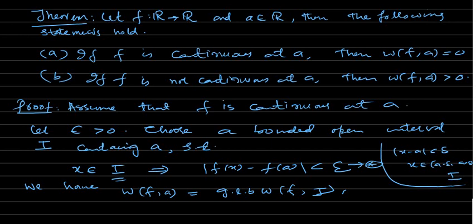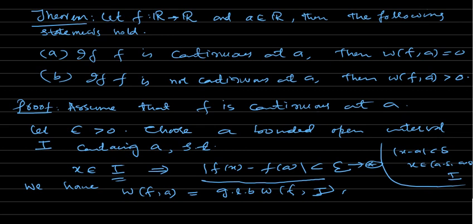So that means for f(x), its least upper bound is what? f(x) is less than f(a) plus epsilon, and it's also greater than f(a) minus epsilon. So |f(x) minus f(a)| less than epsilon means that f(x) belongs to the interval (f(a) minus epsilon, f(a) plus epsilon).